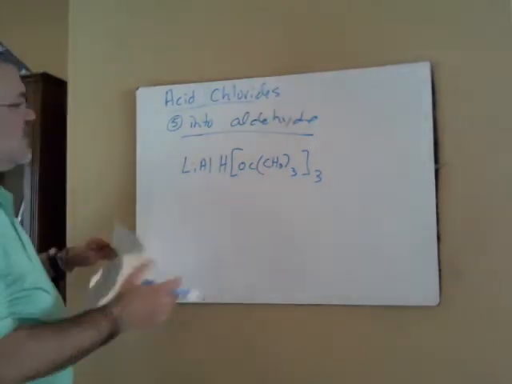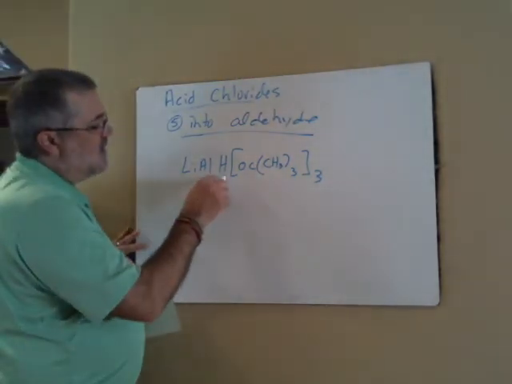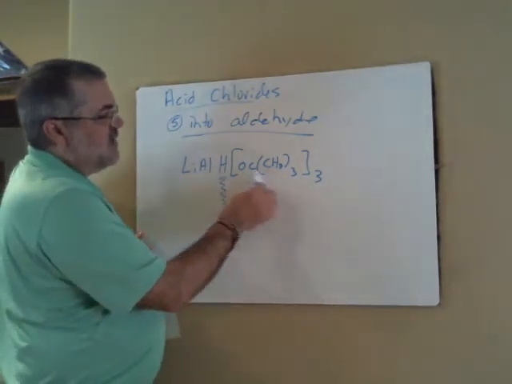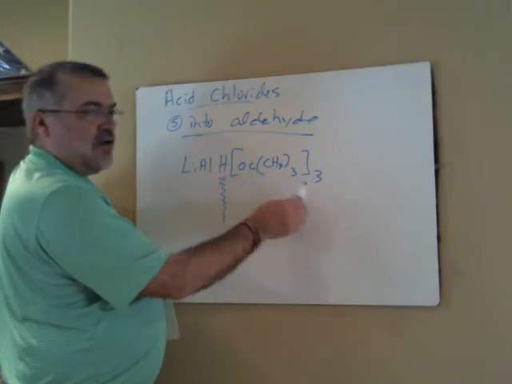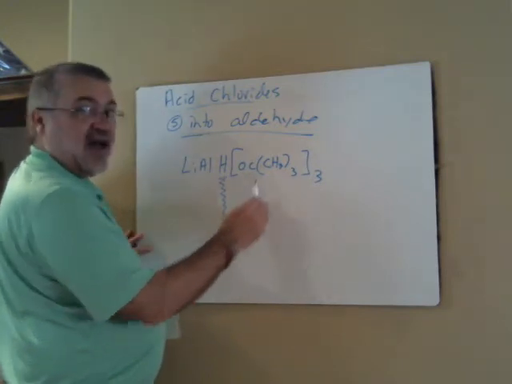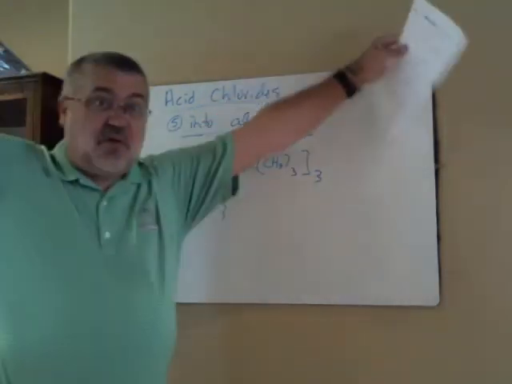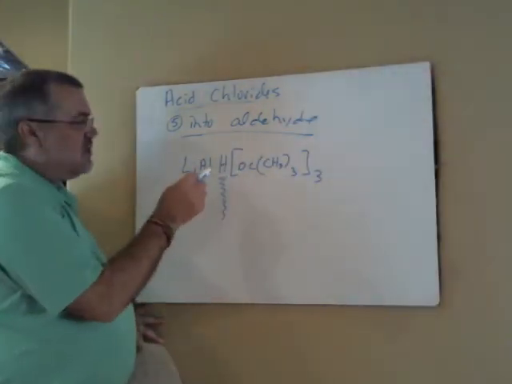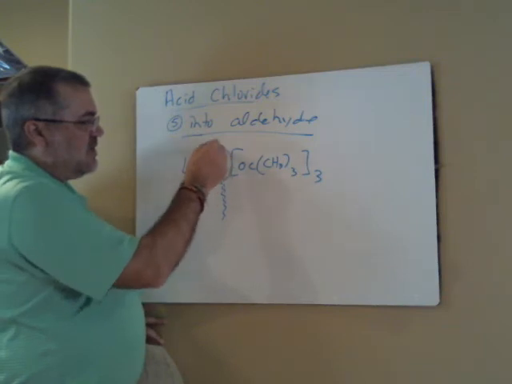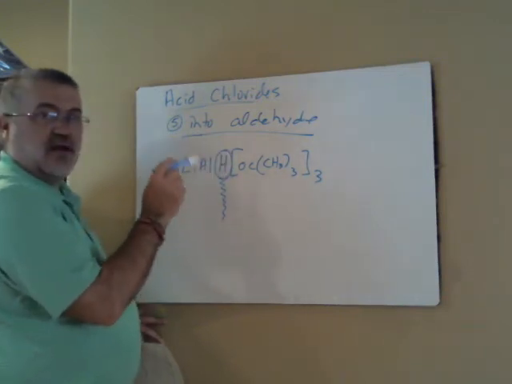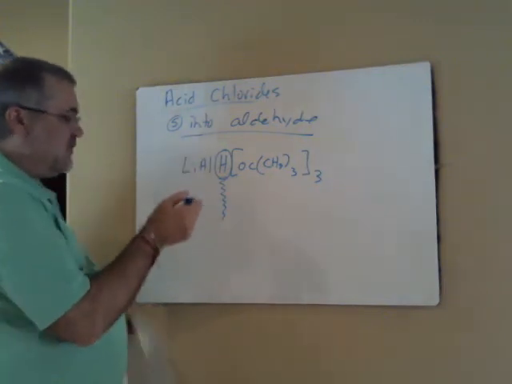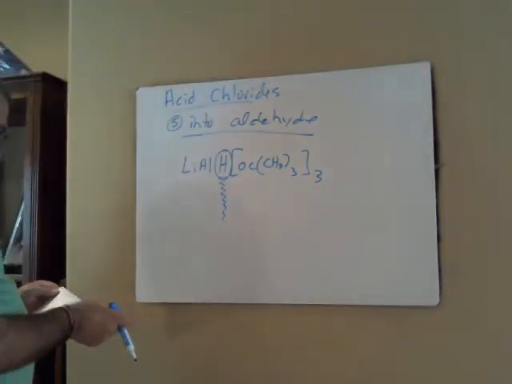Okay? So you have your lithium and aluminum, and here's the reactive hydride. And then you have three tert-butoxy groups attached. So there's this huge steric mass that only allows one equivalent of hydride to react with the acid chloride. And therefore you will stop after that one reduction.